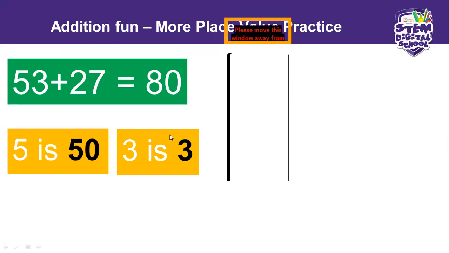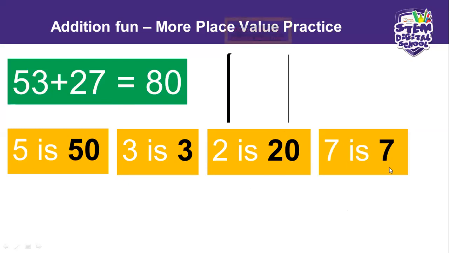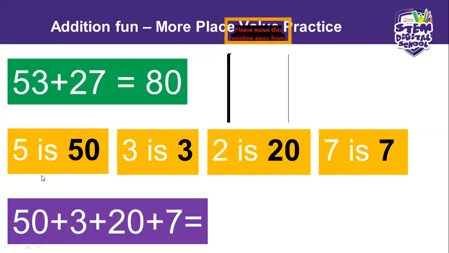The 2 we have in 27 is 20. It's not 2. We don't say 2, 7, we say 27. Now when we add this number that we have broken down, we've got our 50 plus 3 plus 20 plus 7. It gives us 80.